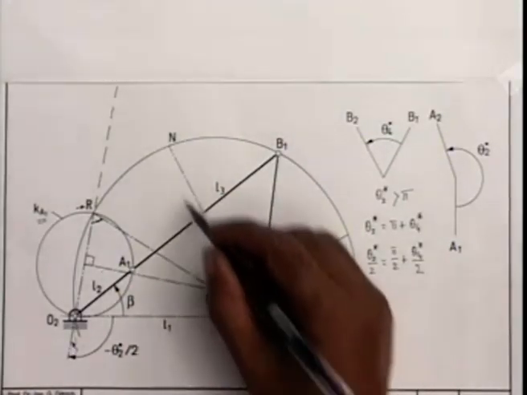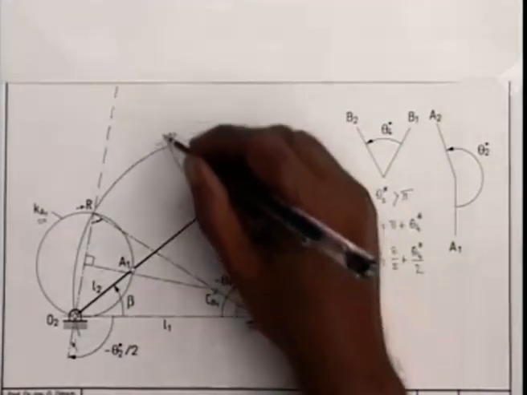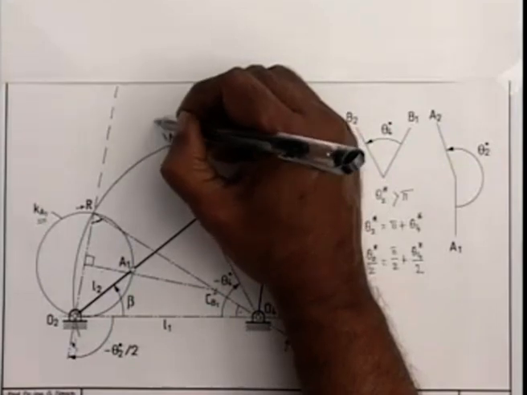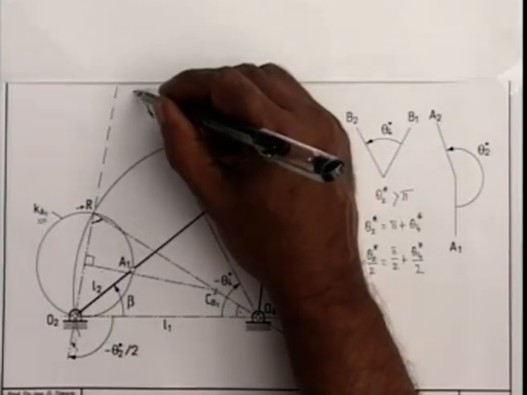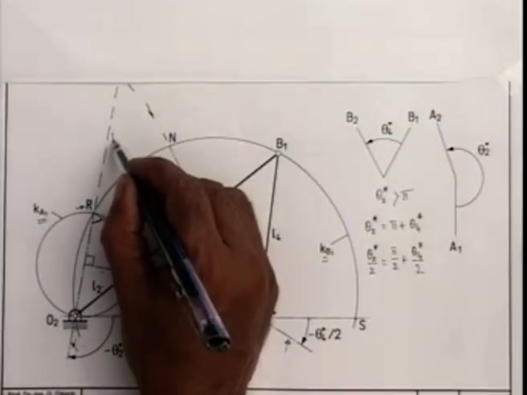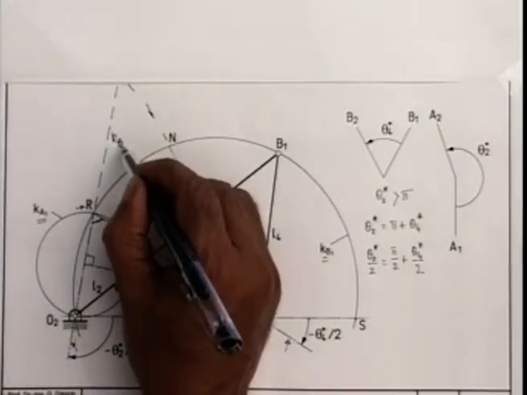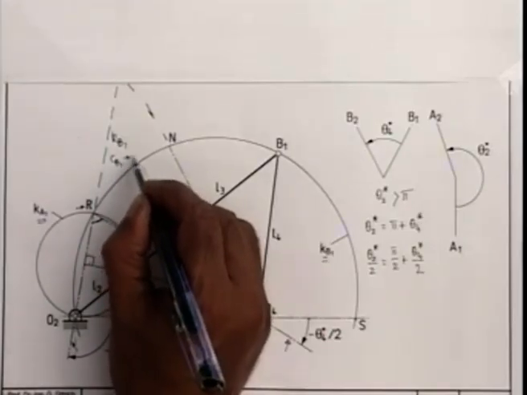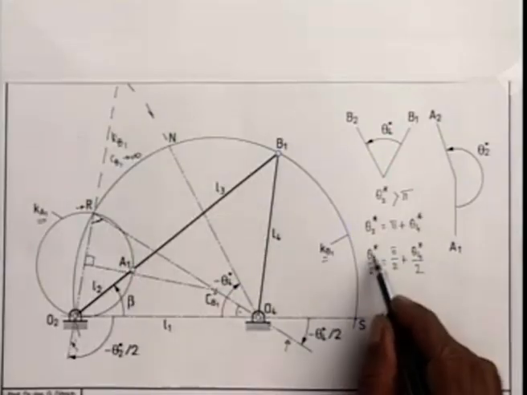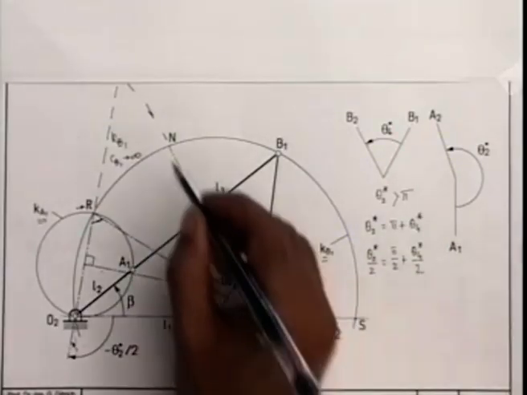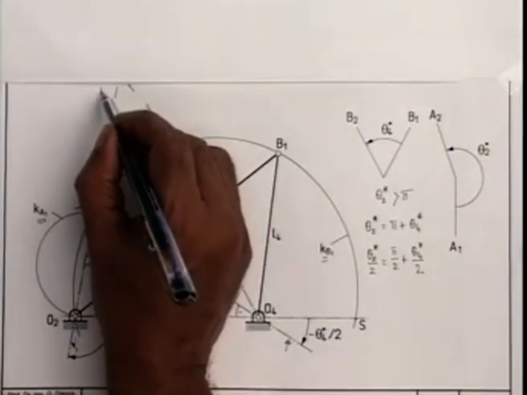So if I draw this O4N, this line at an angle theta 4 star, they will intersect at some point N, and this is the circle of infinite radius KB1. This is KB1 when CB1 goes to infinity, because theta 2 star by 2 is pi by 2 plus theta 4 star by 2. So N is the intersection of these two lines.